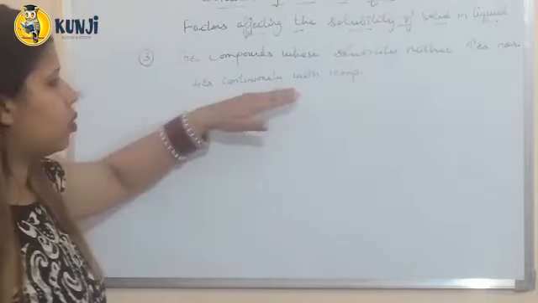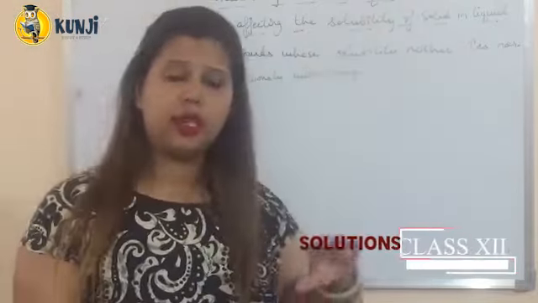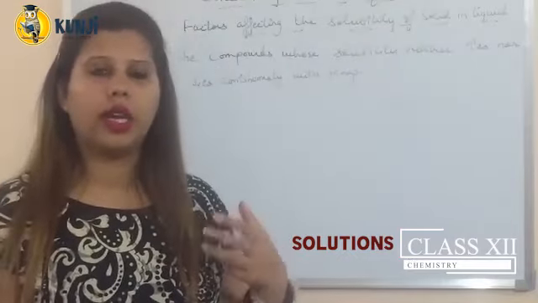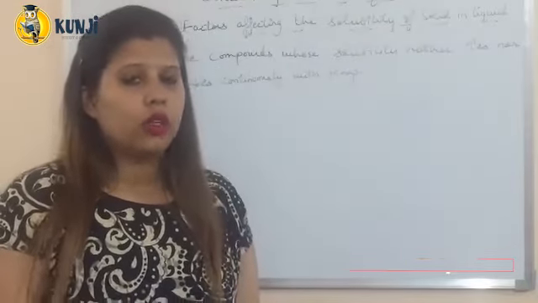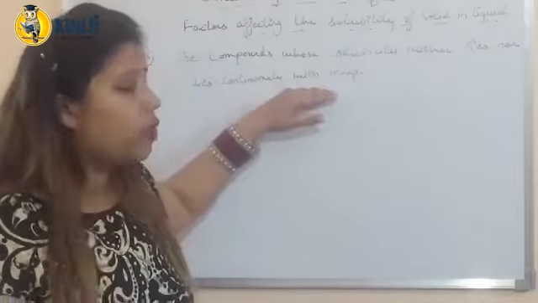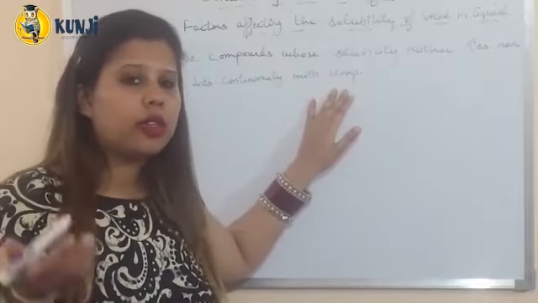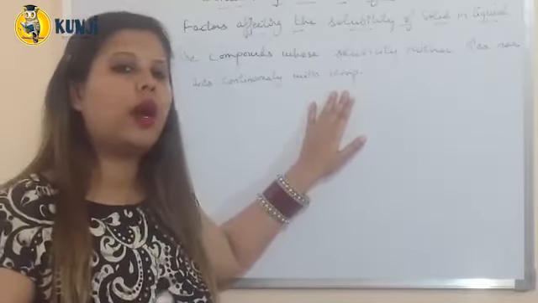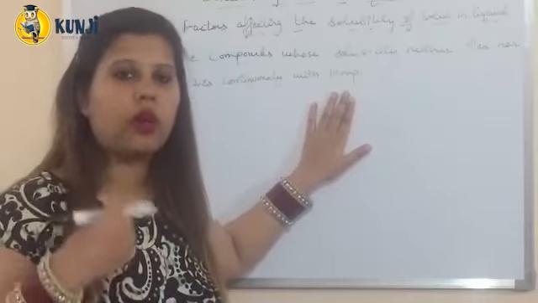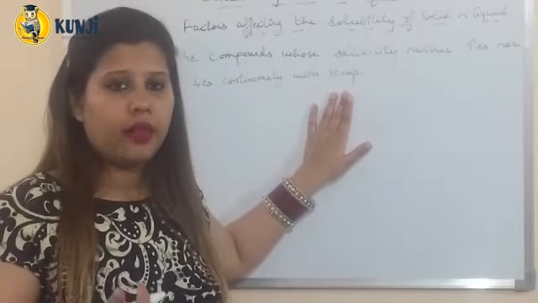The compounds whose solubility is neither decreasing nor increasing with increase in temperature. So the temperature that we are giving, what is it doing to the salt or the compound? What is it doing to the salt if we are providing temperature to it, right?